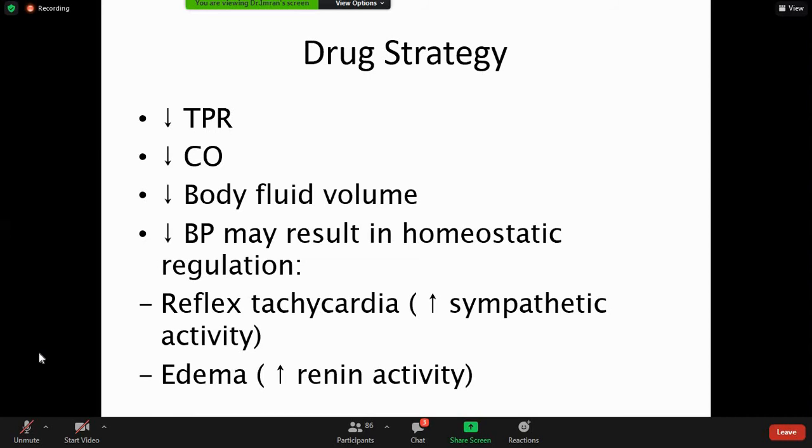And number 2, it activates aldosterone, which enhances the reabsorption of sodium, and water will move along with sodium. So it increases the reabsorption of salt and water, and so the blood volume increases. It will lead to edema.